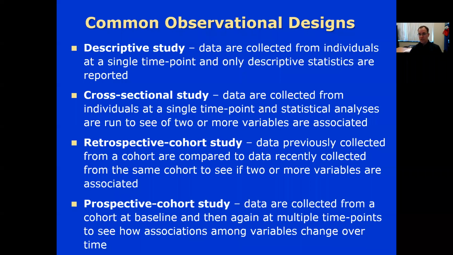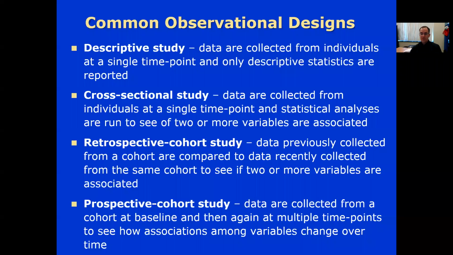Now, a cross-sectional study is when data are collected from individuals at a single time point and statistical analyses are run to see if two or more variables are associated. So for example, let's say age and physical activity, as we talked about previously. You would determine if there might be an association: as one gets older, does their physical activity decrease or increase? And you would do some statistical analysis.